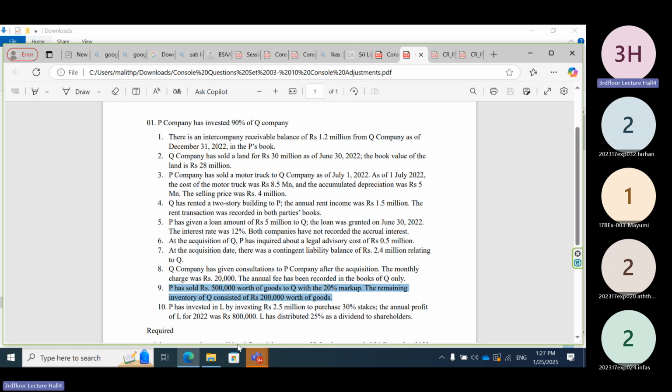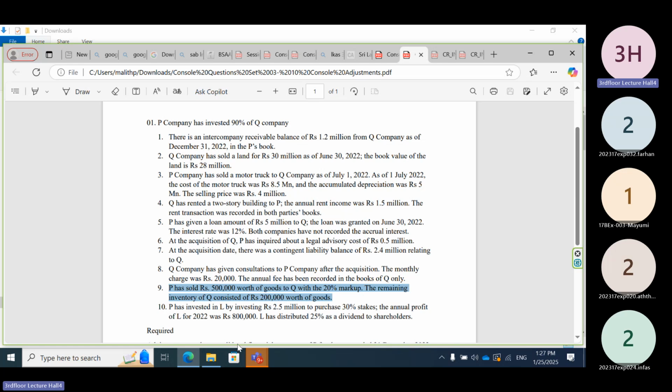Their markup. The parent sold 500,000, right?